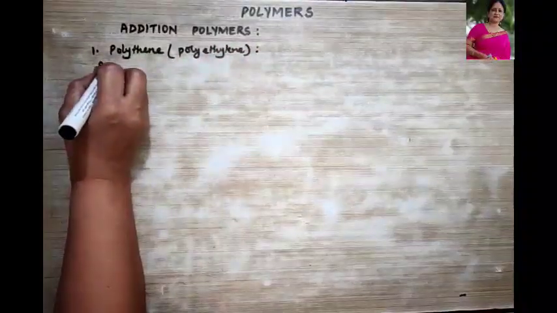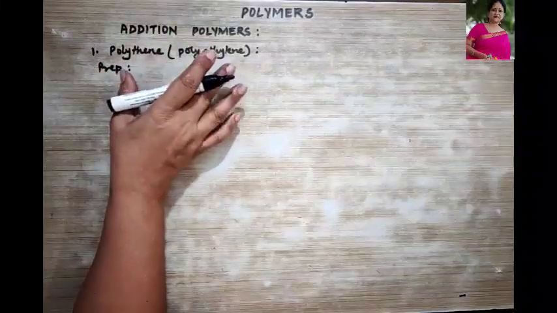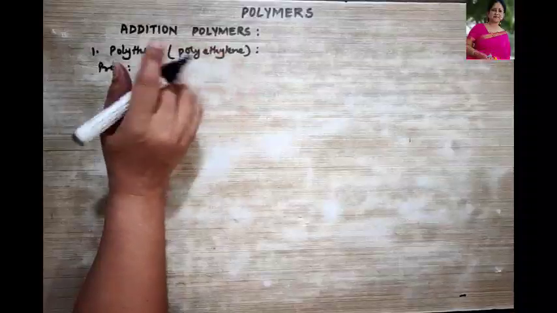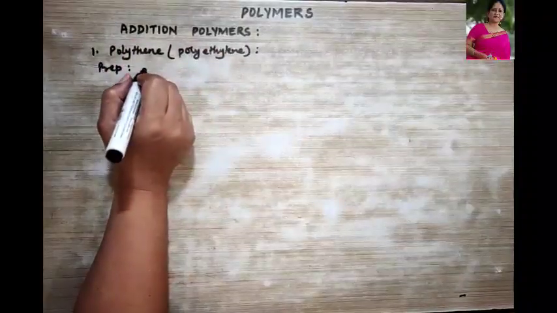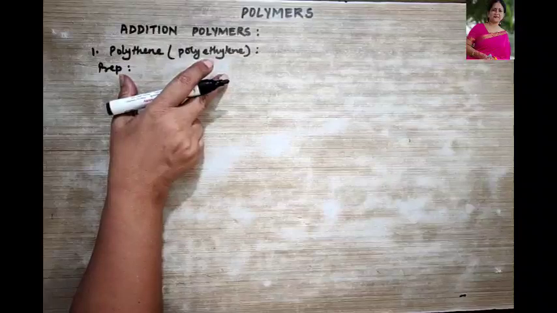How is it prepared? We need to study the preparation and the uses of certain polymers which are in your syllabus. This is prepared by addition polymerization of ethene.